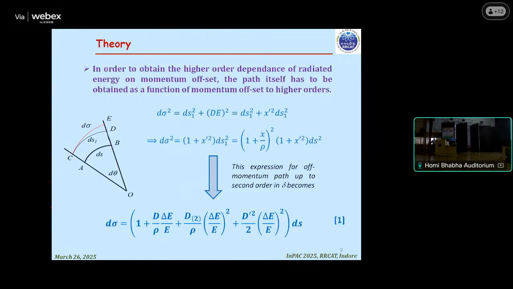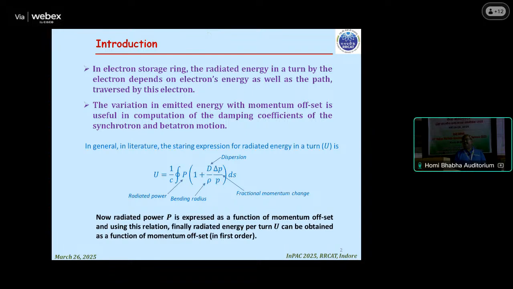In the literature, generally, this is the starting point for deriving this formula. However, if we want to derive this formula up to second order, we have to convert this expression also up to second order, and then the radiated power has to be calculated up to second order in the momentum offset.